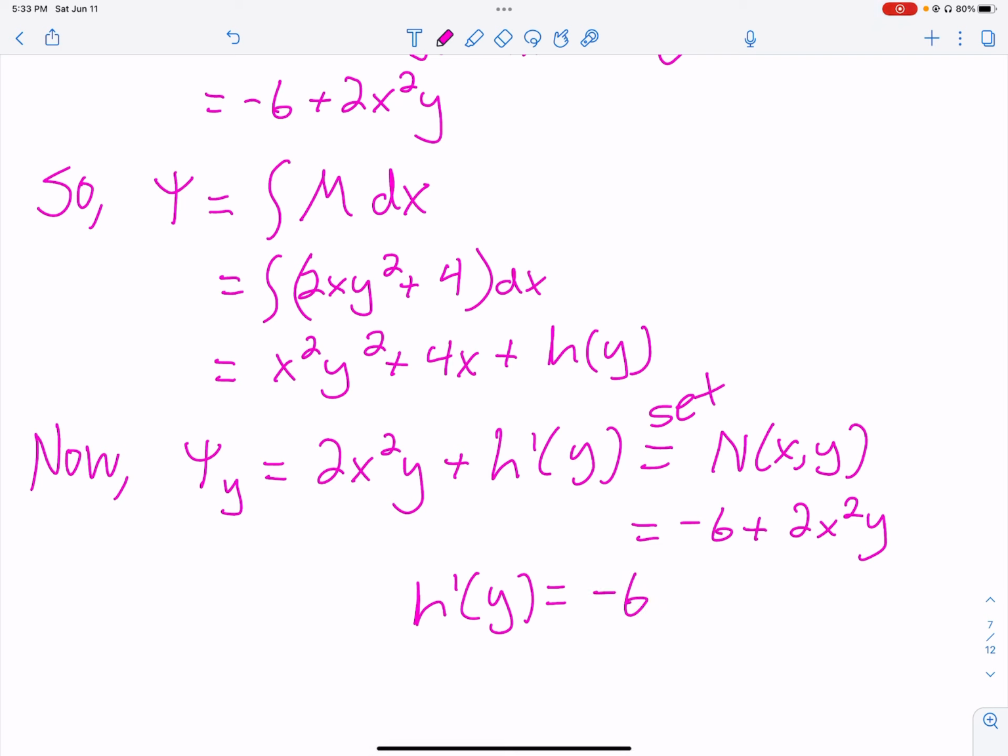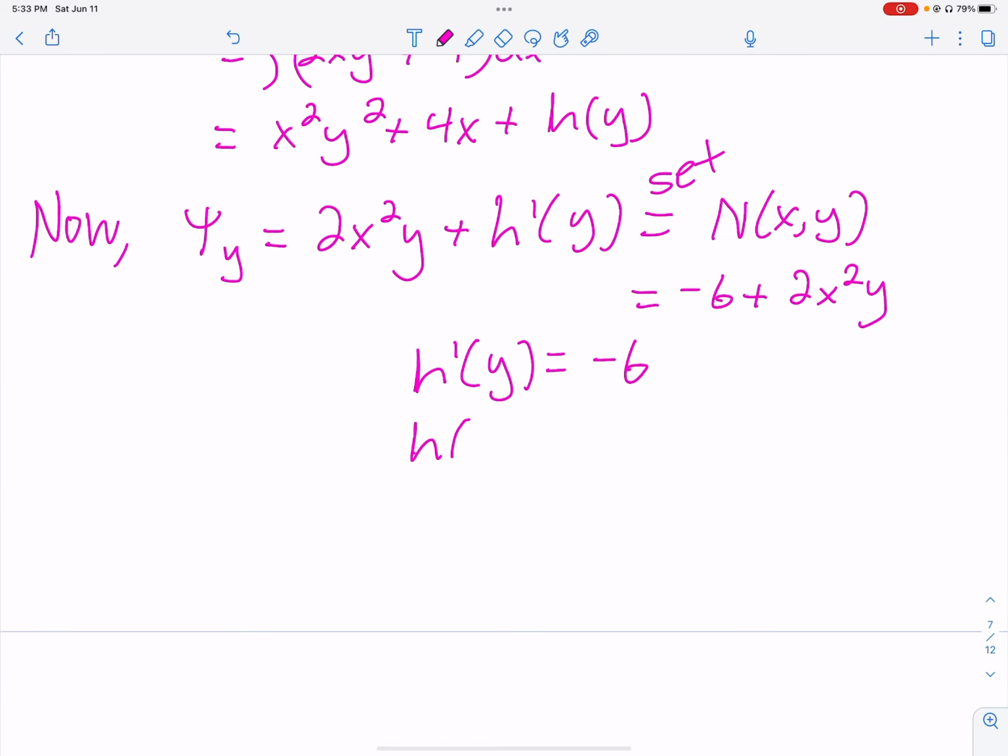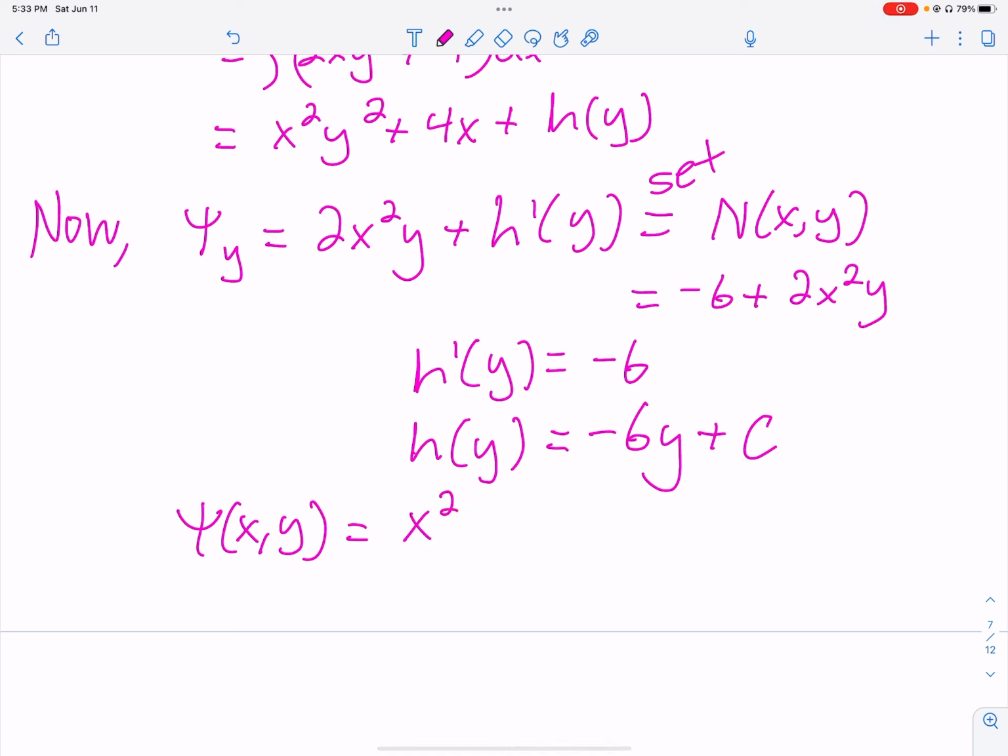Remember, if the other variable doesn't go away right here, you messed up. This tells me it's nice, easy integration, so I'm not even going to show it. I got negative 6y plus c. Now I have h of y, so I can write what gamma is. So gamma of x,y is equal to x squared y squared plus 4x plus h of y, so it's minus 6y plus c.